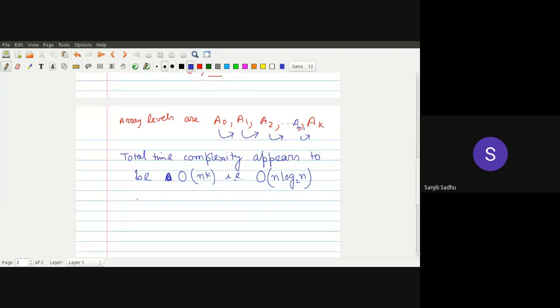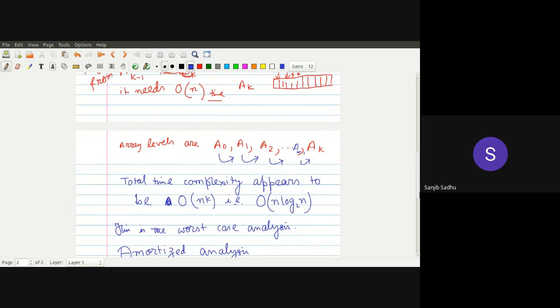Okay. But this is the worst case analysis. Please remember, this is the worst case analysis. So the question is, what will be the amortized analysis? You see why I am saying this is the worst case analysis, not amortized analysis.